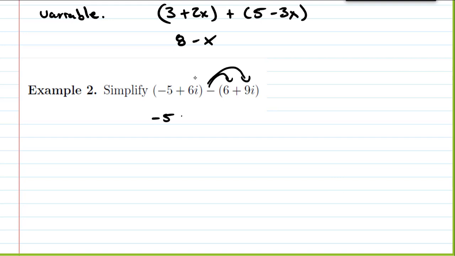So negative 5 plus 6i minus 6 minus 9i. And then I would collect my real parts. So negative 5 take away 6 gives me negative 11. And then I would collect my imaginary parts. 6i take away 9i would give me negative 3i.